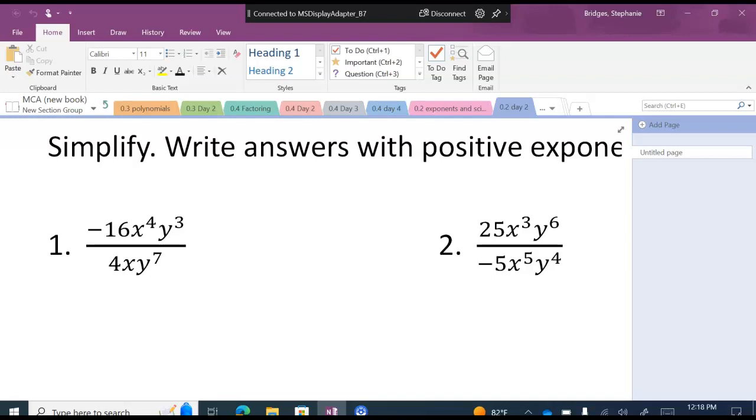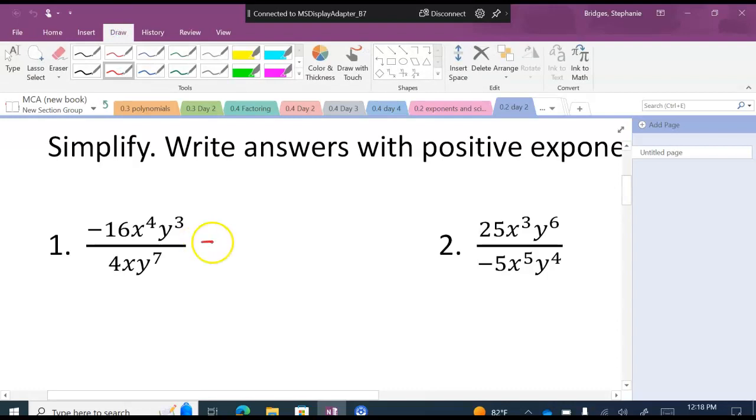Okay, so that's what we're going to do. We're going to start by dividing each one of those by 4, which gives me a negative 4 at the top and 1 at the bottom. So far, so good?